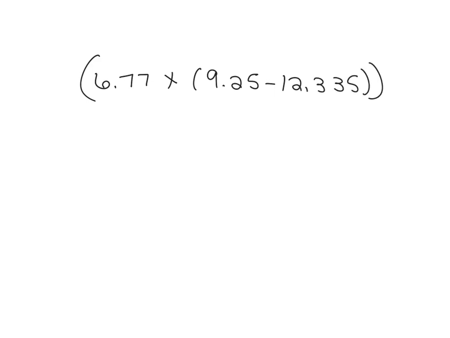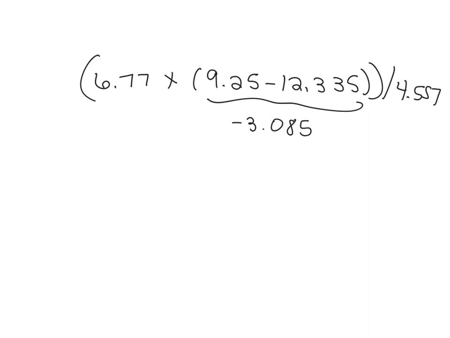Okay, what is the numerical result when you perform the following calculation? So this is 6.77 times parentheses 9.25 minus 12.335 divided by 4.557. Now, you have to do parentheses first, so we're going to do parentheses within the parentheses. So we're going to do this first. So 9.25 minus 12.335 is -3.085.